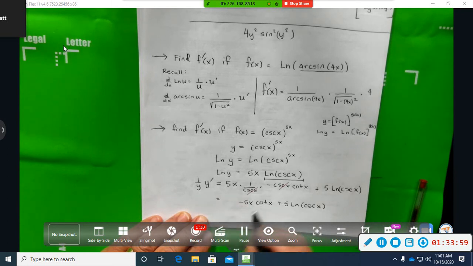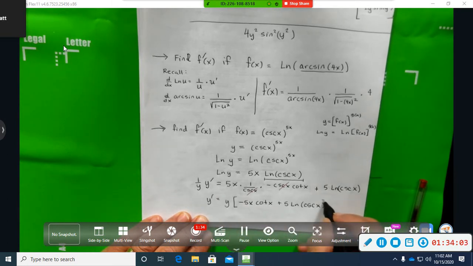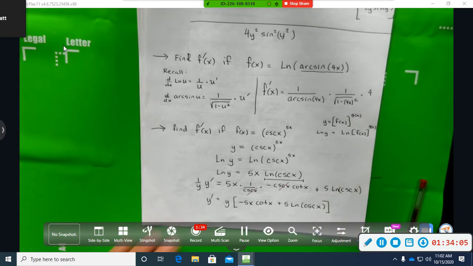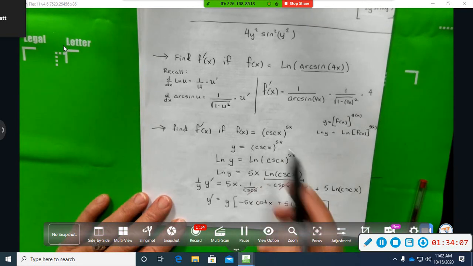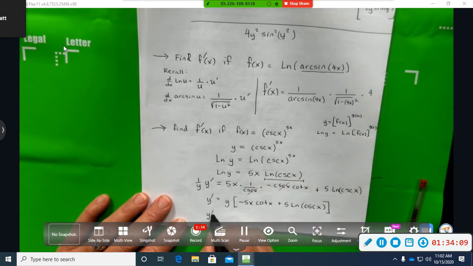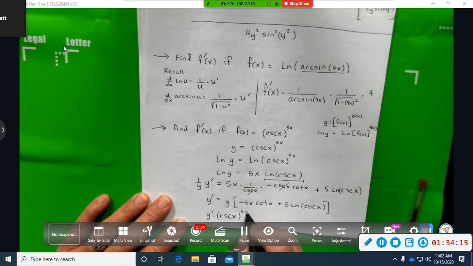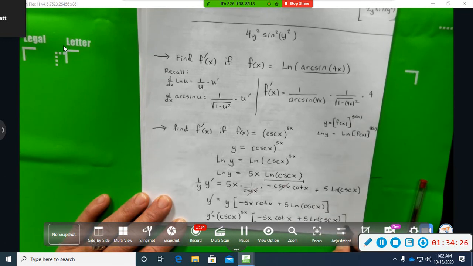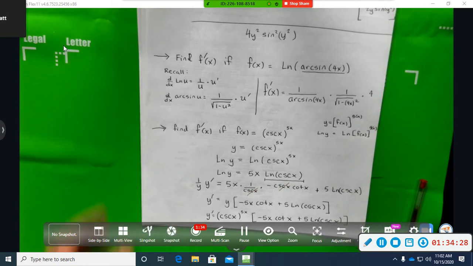Then I'm going to solve for y prime by multiplying both sides by y. So you can leave your answer there, or if you want, you can put your y back in, which was the cosecant of x, all raised to the 5x. Can you do something like that?